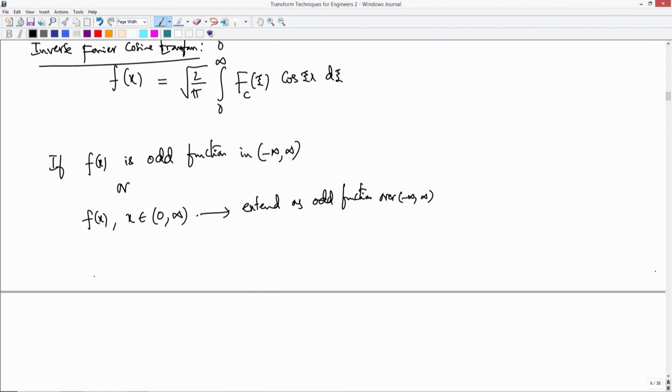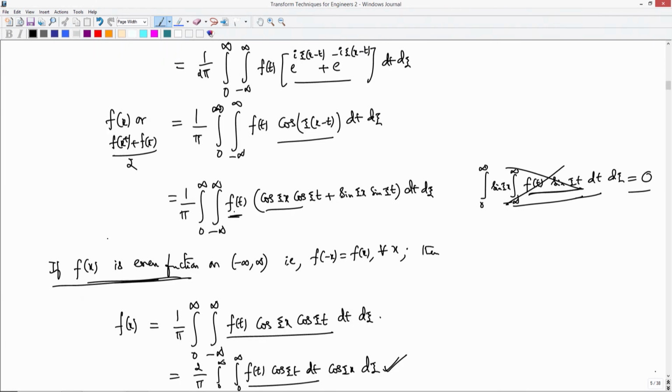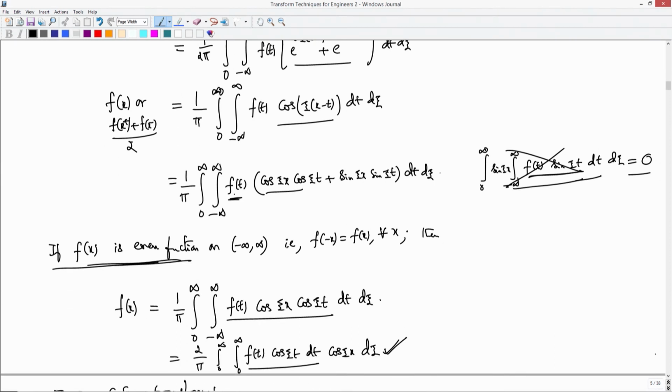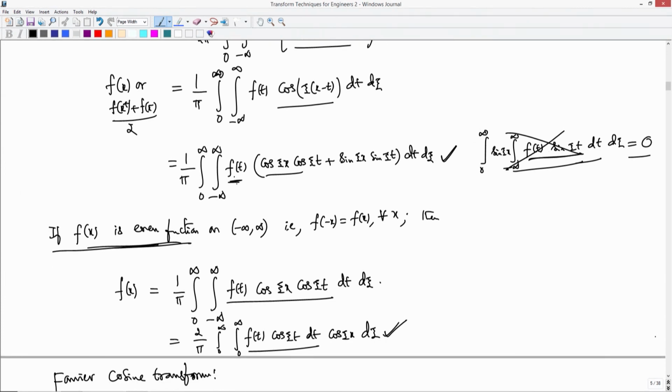In that case, what happens? Look at the Fourier integral theorem. If f is odd, what happens to this part? The integral dt of f(t) cos(xi t): f(t) is odd, cos(xi t) is an even function.